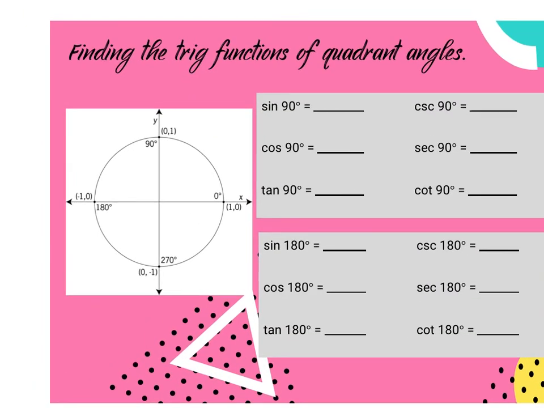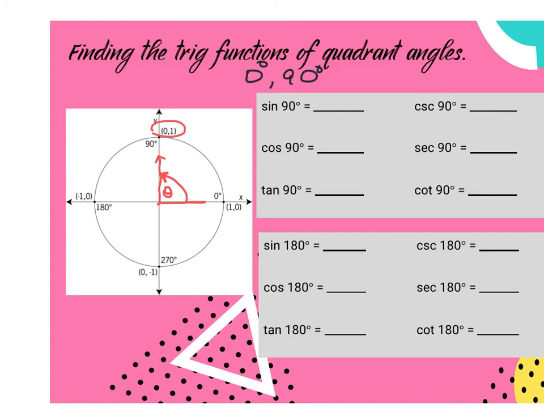So for our quadrant angles, for example, this could be an angle that measures 0 degrees. It could be an angle that measures 90 degrees, which could look like this. And that could be your theta. Notice it's stopping here, and we would use this ordered pair when it's 90 degrees.